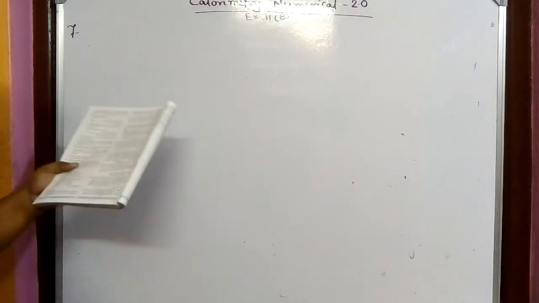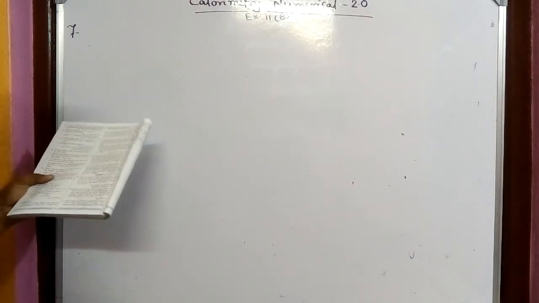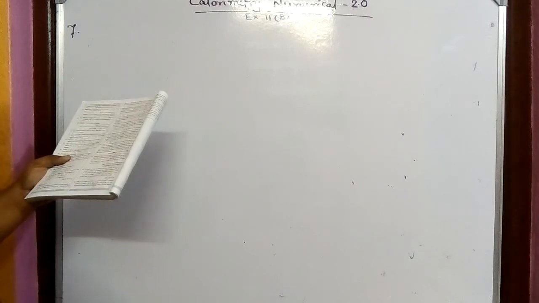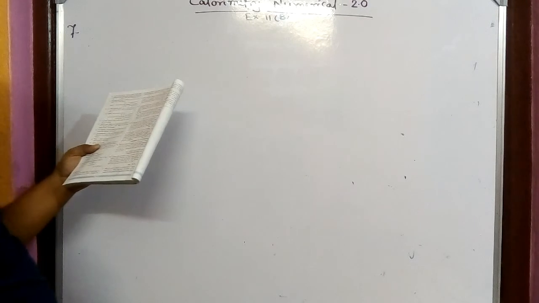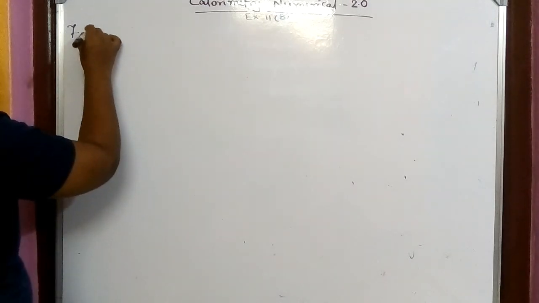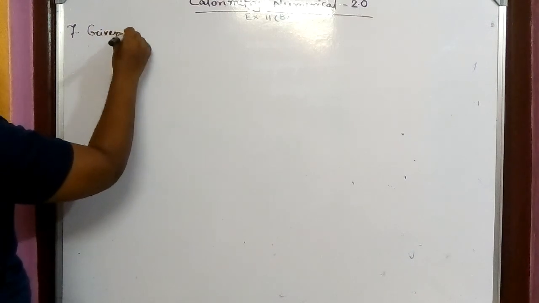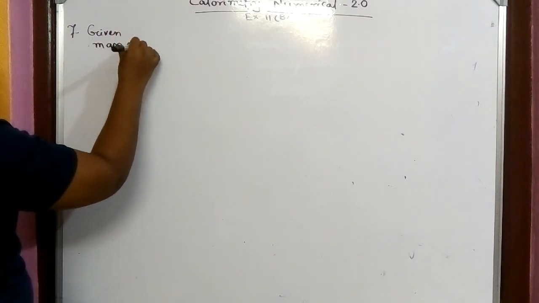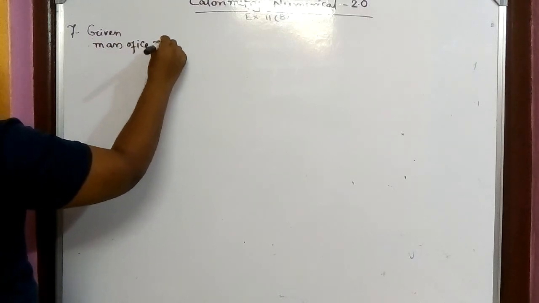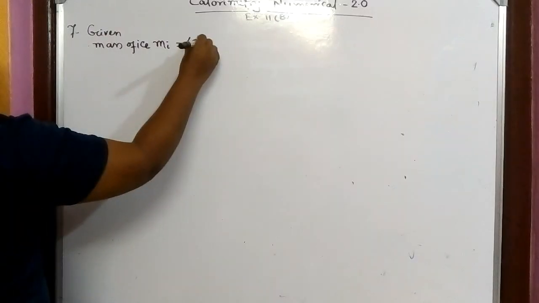So numerical 7 in my book is given: a piece of ice of mass 40 gram is added to 200 gram of water at 50 degrees centigrade. So what is given to you? Mass of ice, that is Mi, 40 gram.